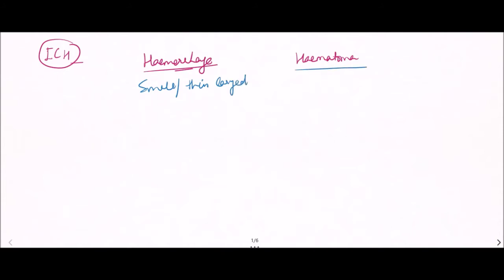But hematoma is large and space occupying bleeding. So this is the basic difference between hemorrhage and hematoma.